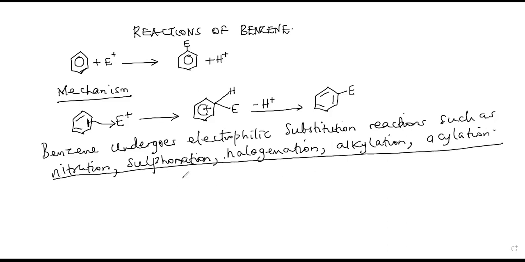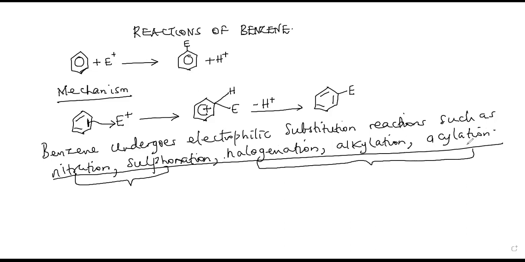So in this video, I'm going to talk about nitration and sulfonation. Then in another video, I will talk about halogenation, alkylation, and acylation, so that all the common reactions of benzene we deal with in this series of videos.